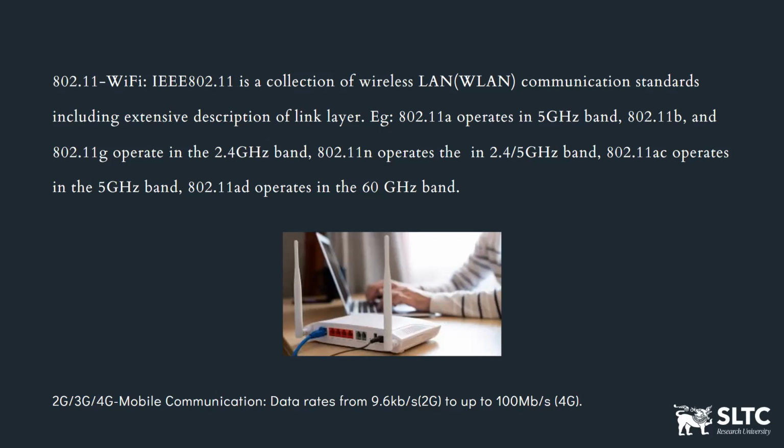So the 802.11a protocol is a sub-protocol of the main Wi-Fi protocol, and it operates in a certain frequency, which is the 5 gigahertz band. And next, 802.11b and 802.11g operate in 2.4 gigahertz. 802.11n will operate in 2.4 gigahertz as well.